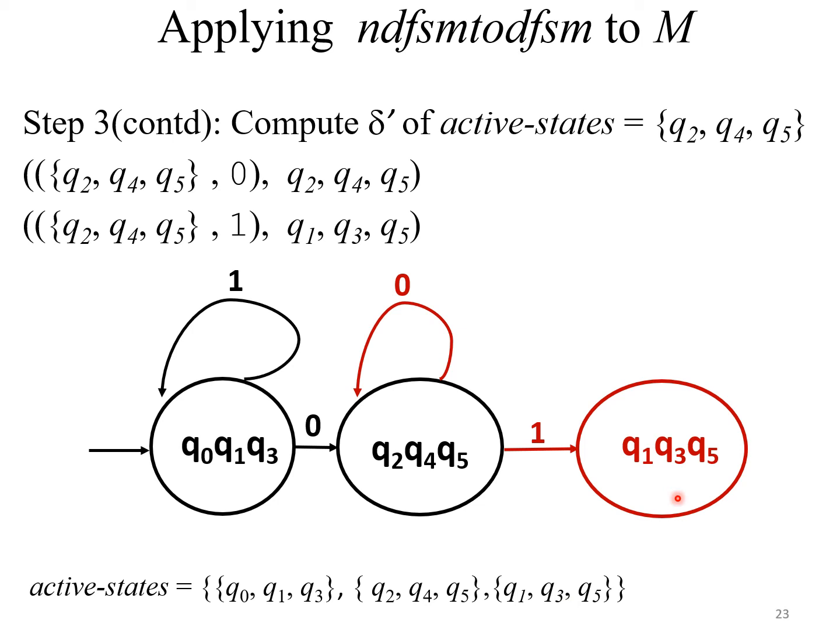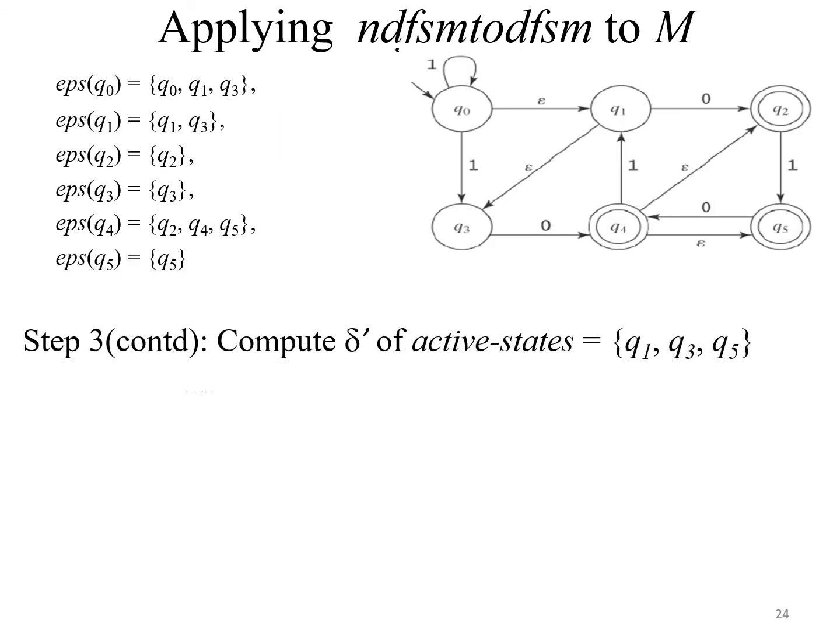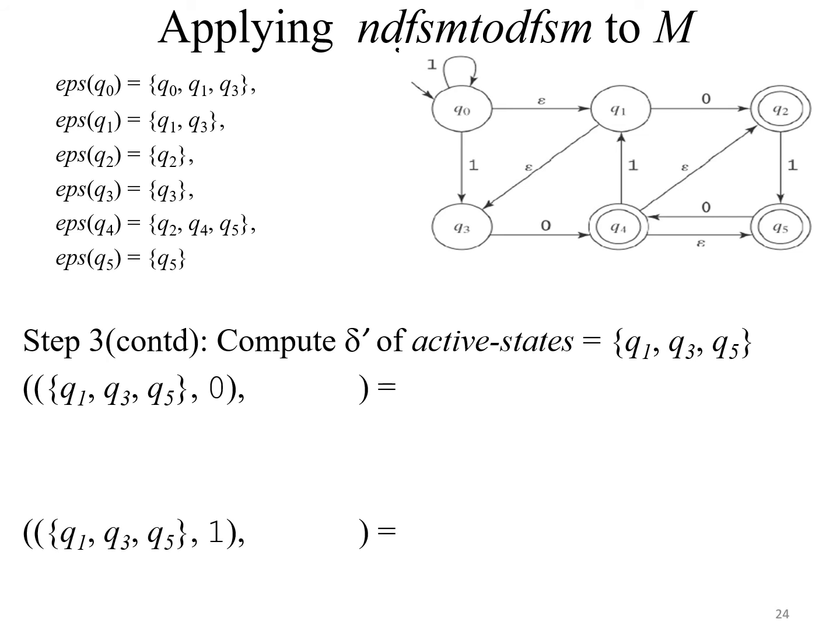Next, we are supposed to compute the delta transitions for the active state Q1, Q3, Q5. So let's compute Q1, Q3, Q5 for 0 and 1. For 0, it is equal to EPS of delta of Q1, 0 union delta of Q3, 0 union delta of Q5, 0.